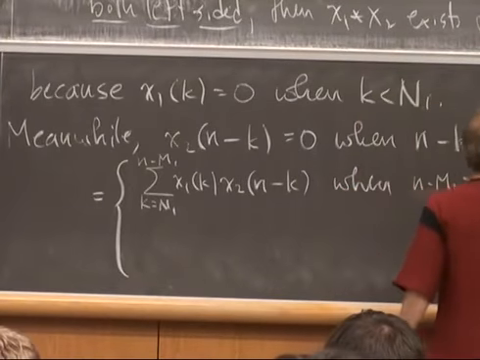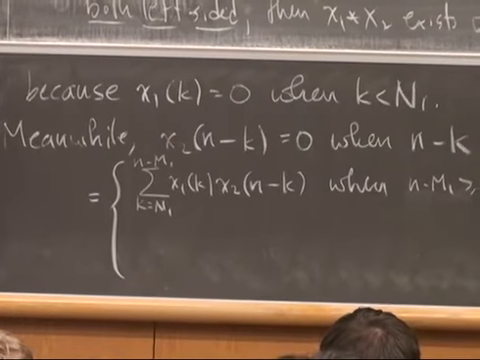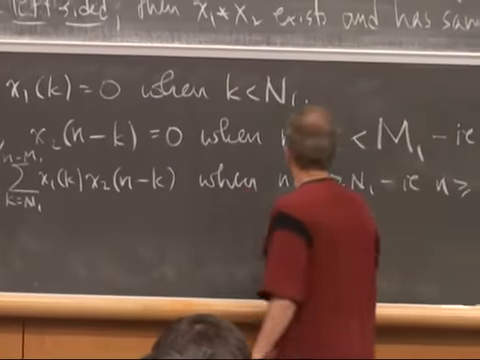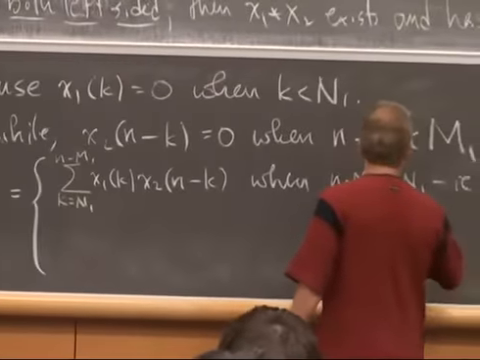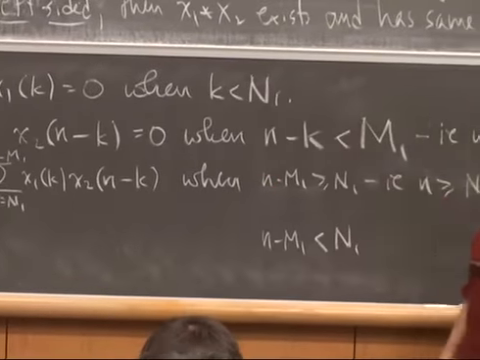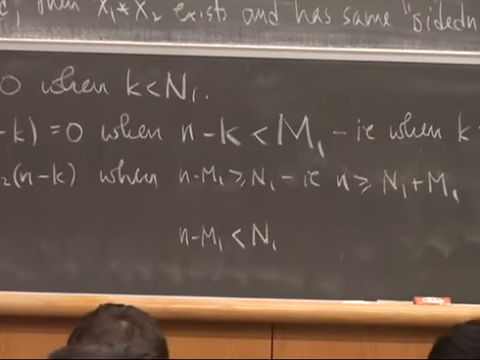That is to say, n bigger than or equal to n1 plus m1. What if n minus m1 is less than n1? What happens then? What do I have to fill in that blank with?